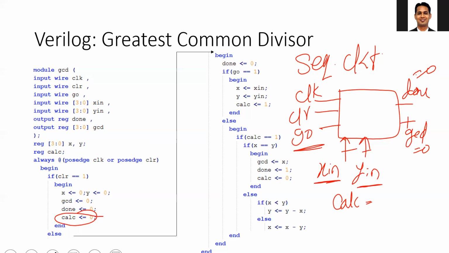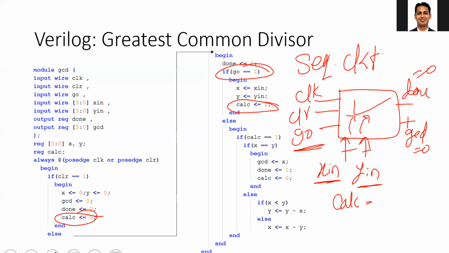The go signal is an indication to this circuit that there are new inputs for which GCD needs to be calculated. If go is equal to 1, I capture the values of X in and Y in, and I make calculation equal to 1, which indicates that I have started the calculation of the GCD. When the calculation is going on, I'm not going to accept new input.